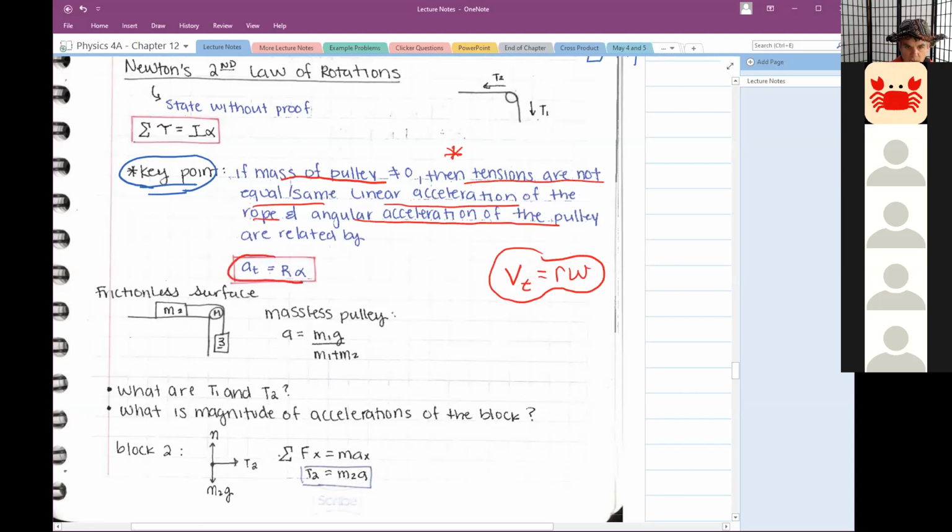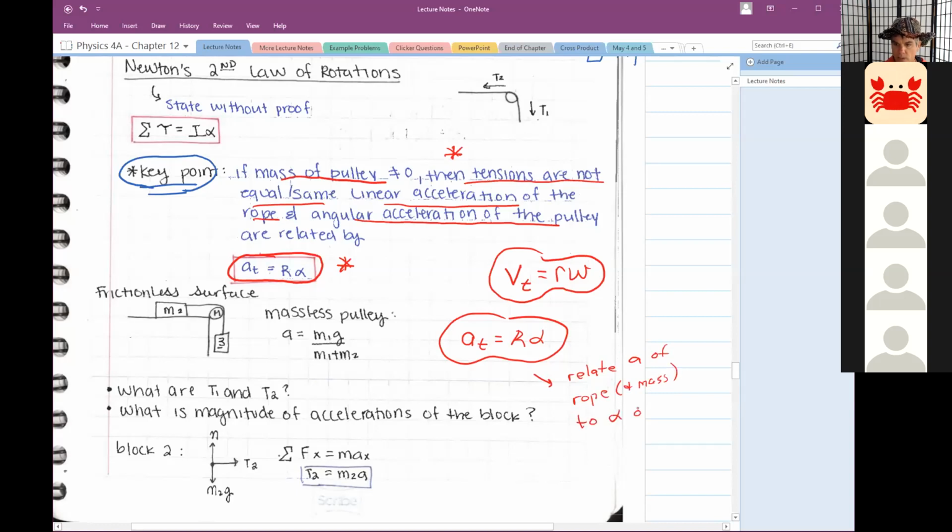The tangential acceleration of the rope, which is the same as the acceleration of the masses, is equal to r times the angular acceleration of the pulley. So this equation, a tangential equals r alpha, relates the acceleration of the rope and masses, because they're all the same, to the angular acceleration of the pulley.